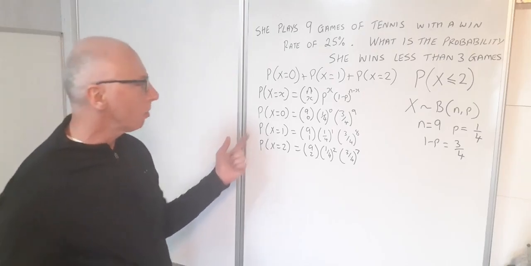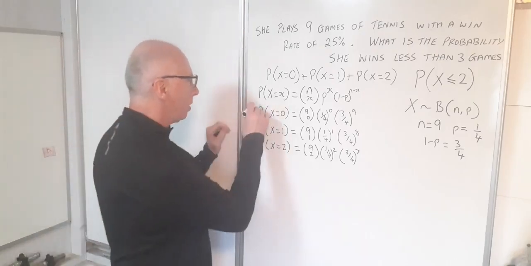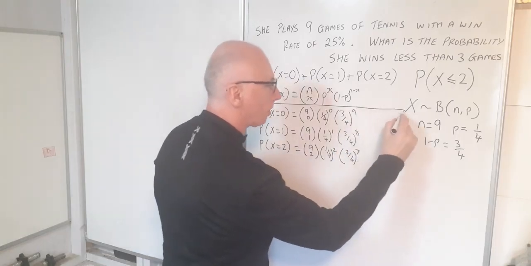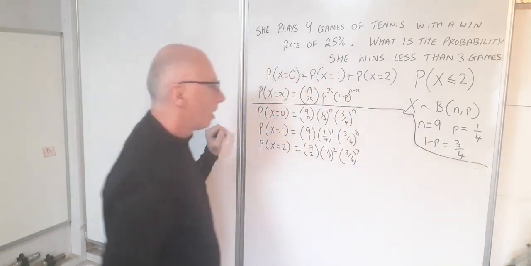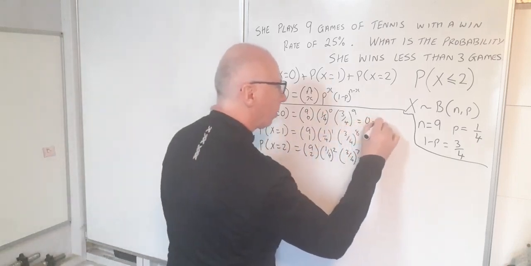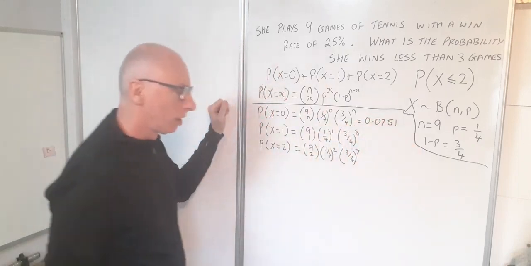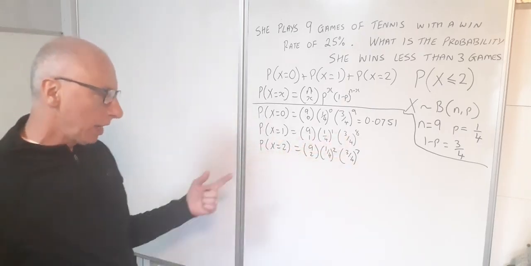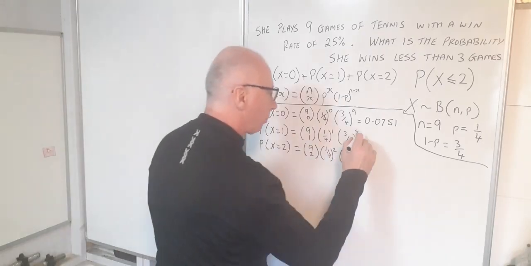So probability x equals 0, if you put this one in, so this is what we're interested in here. Let's keep this separate. Put that in your calculator, you get approximately 0.0751. Put this one into your calculator, you'll get approximately 0.2253.